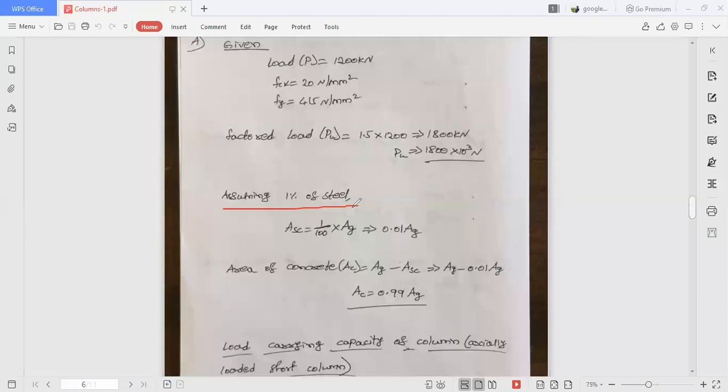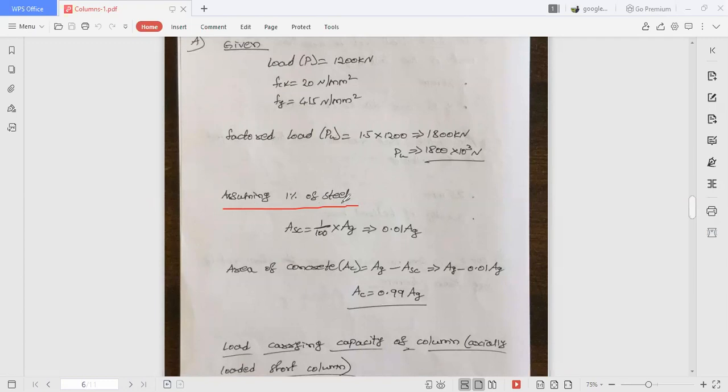Then only we are called engineers. If you construct a building with 20 lakhs instead of 15 lakhs, you are not called an engineer. If you construct with the least possible amount, you are an engineer. So it is better to assume a lower percentage of steel.